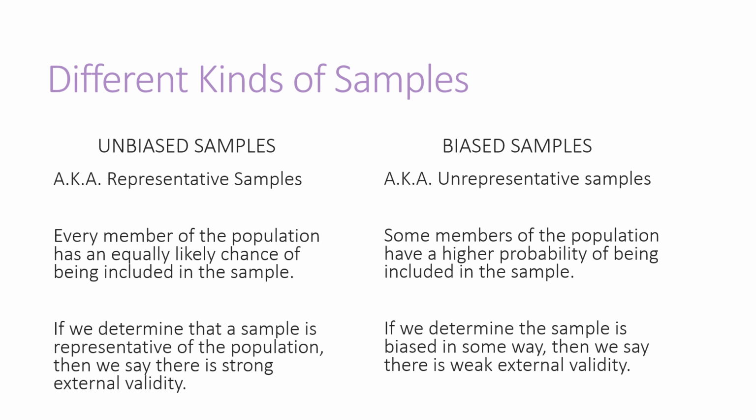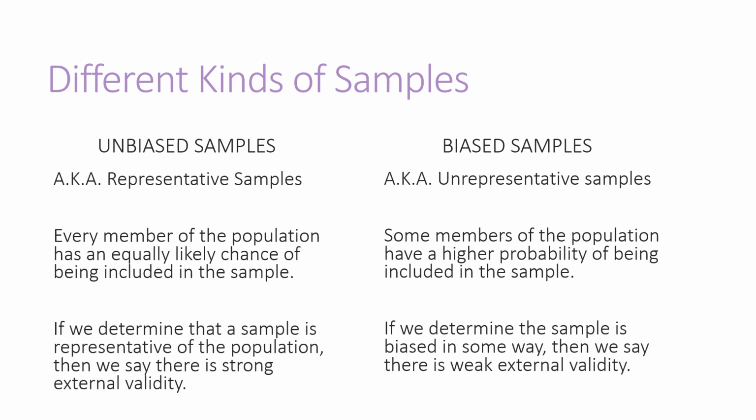On the other hand, unrepresentative samples or biased samples are when, during the sampling process, some members of the population have a better chance of being selected or included in the sample than others. And when this happens, when there's not an equally likely chance for everybody to be a part of the sample, then you run the risk of your sample being unrepresentative or biased in some way.